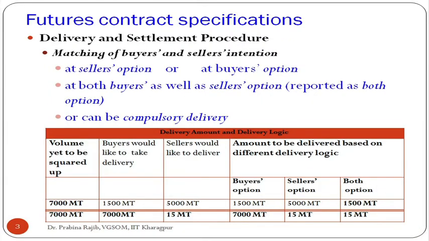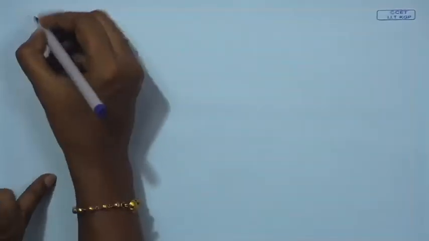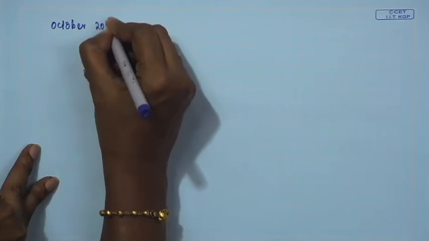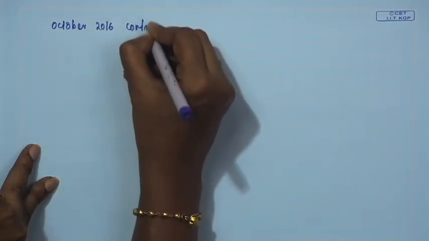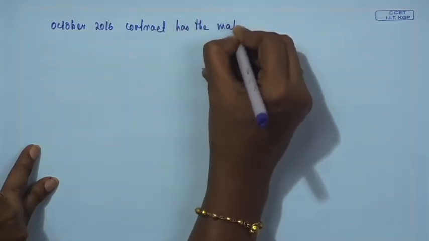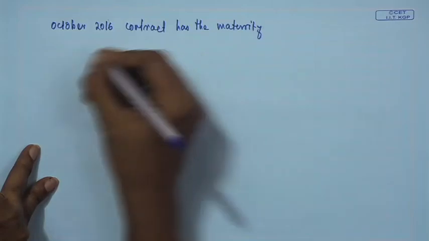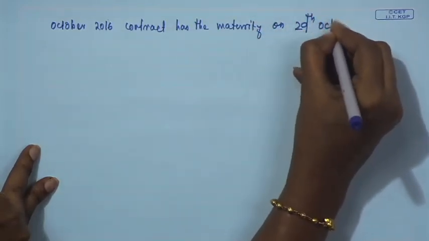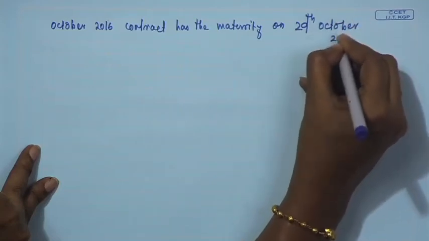Now let's go back to what happens when the contract comes to an end. Let's say the same cotton contract, October 2016 contract, has the maturity on 29th October 2016.